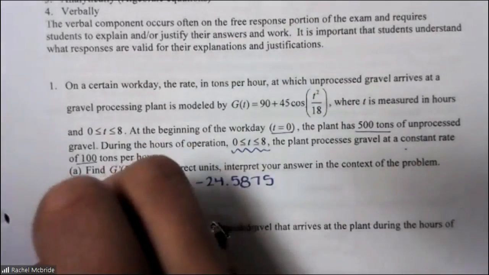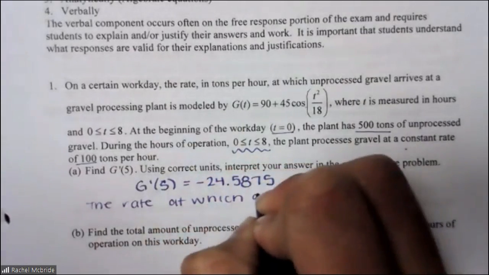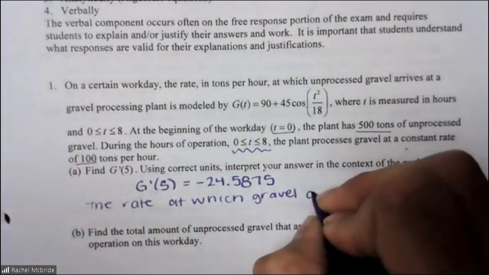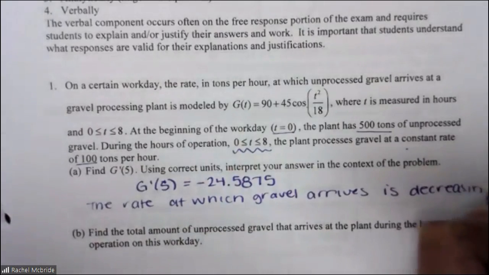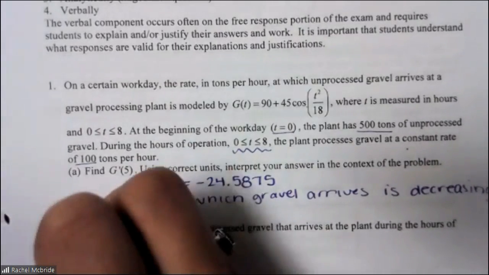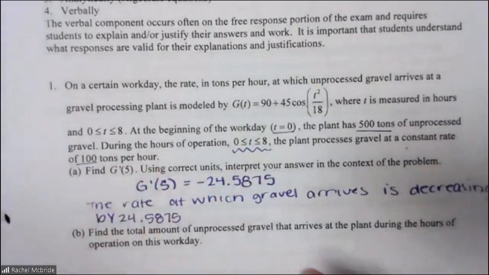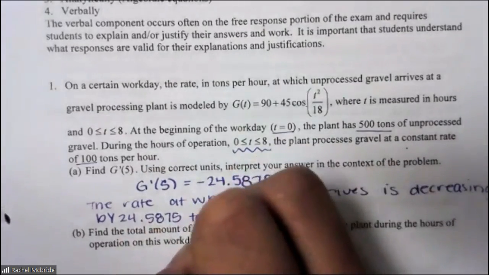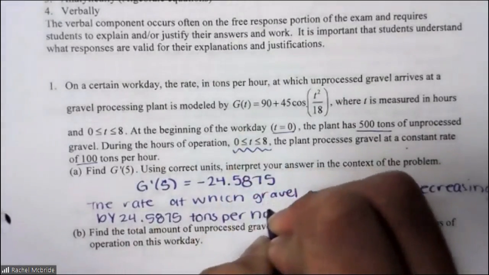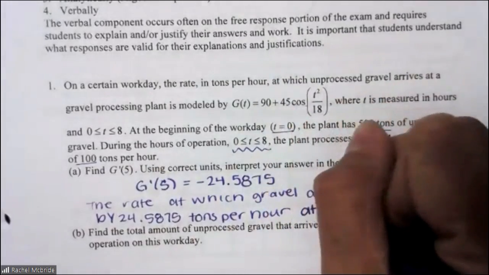So I'm going to say the rate at which gravel arrives is, I'm going to account for the negative by saying decreasing by whatever my number is, so 24.5875. What does that represent? That represents tons per hour at T equals 5 hours.